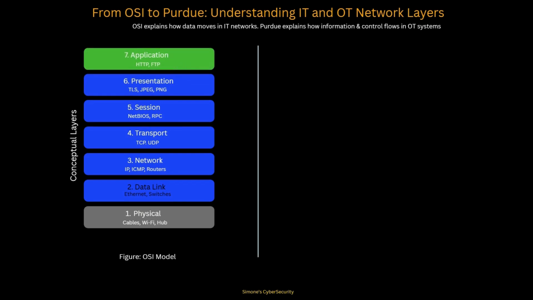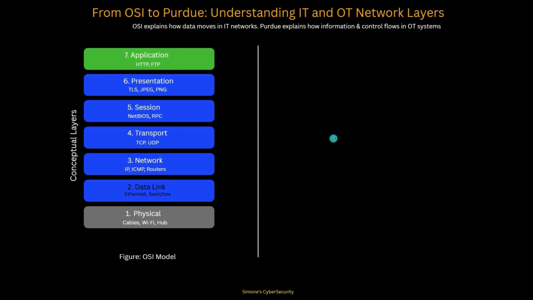This is where user-facing protocols like HTTP and SMTP operate. So overall, we can say that the OSI model gives us a clear, structured way to visualize how data moves across an IT network, from the physical wire all the way up to the applications that we use every day.